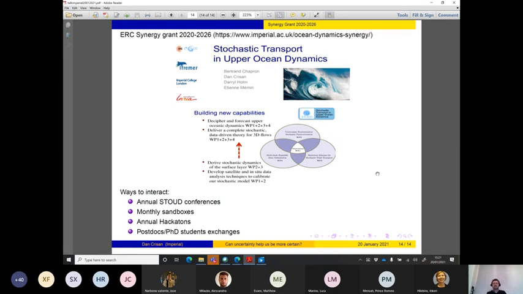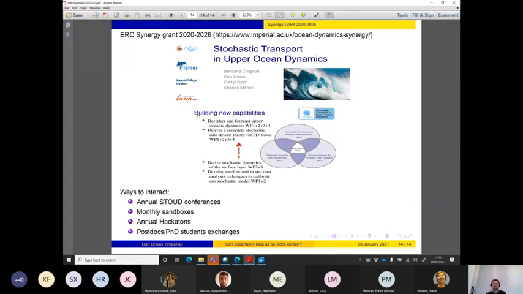This is a project dedicated to stochastic transport in the upper ocean dynamics. There is a website here, and you don't have to copy this down. Just type STUOD into Google or any other search tool, and you'll find this website.